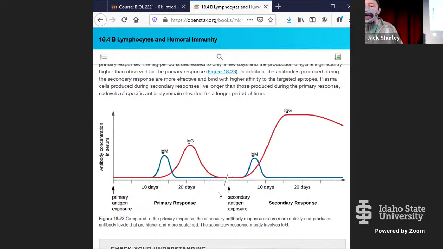Here we've got this gap in time, all right, between the first and second exposure. Typically, maybe not if we're talking a vaccine schedule, it might be 30 days right after this first exposure, we get another shot, right? Or whatever it is. The time frame, and there's definitely differences as far as how long you need to wait.